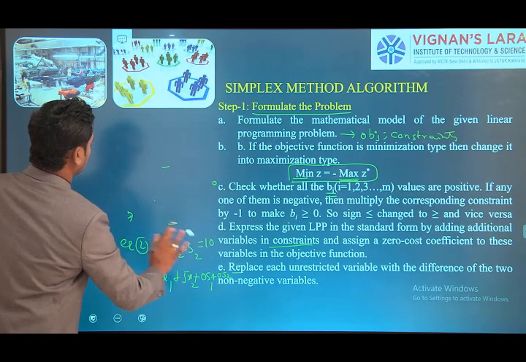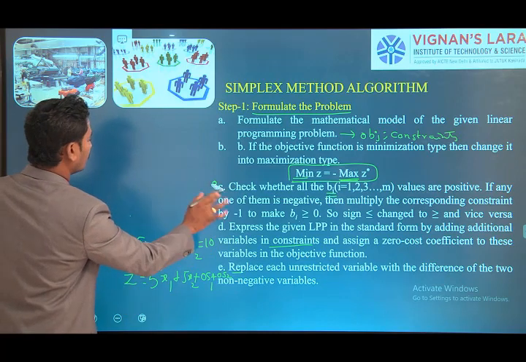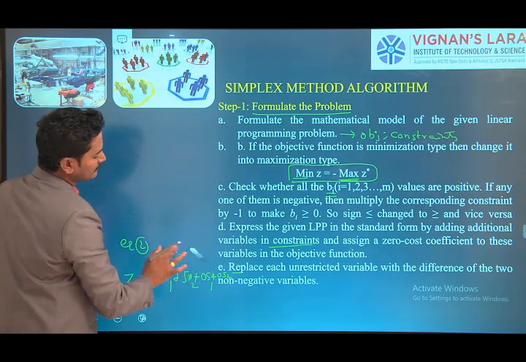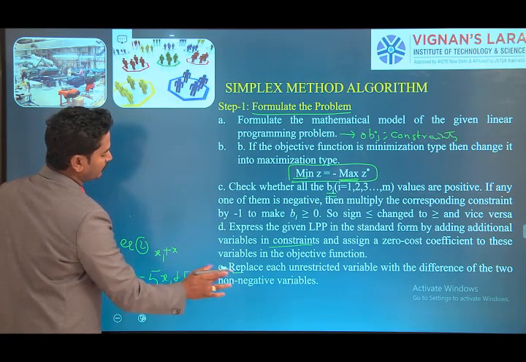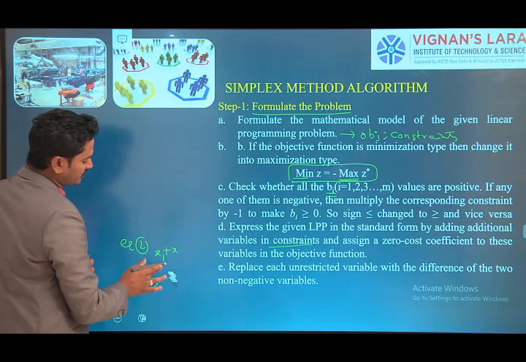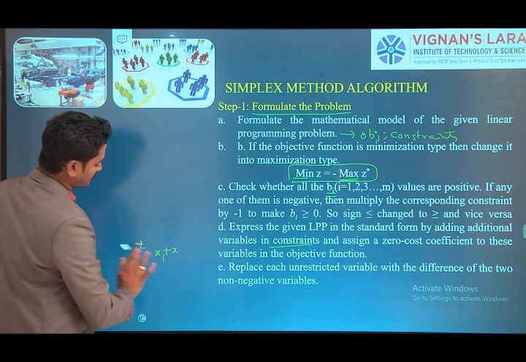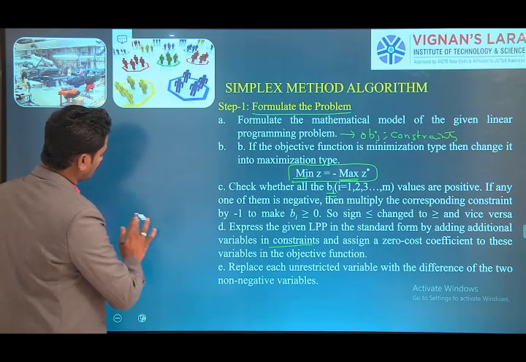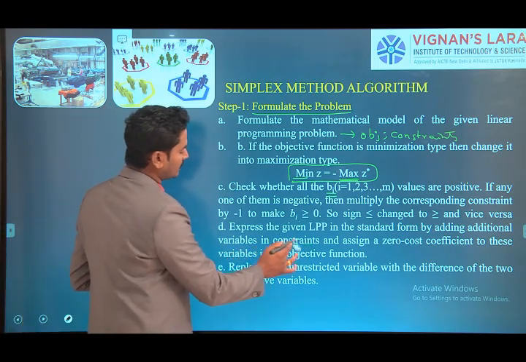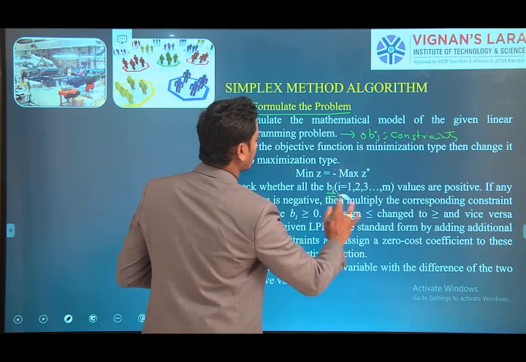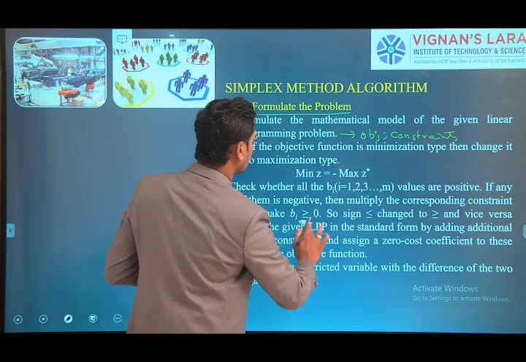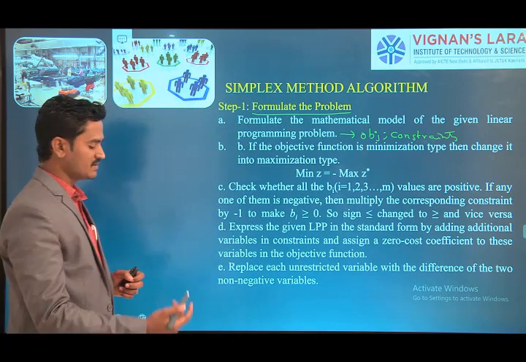Then we check the standard form, or canonical form, of the simplex. What is the canonical form of the simplex? All the objective functions must be in maximization type. If not, we multiply by -1 and convert that into the maximization type.